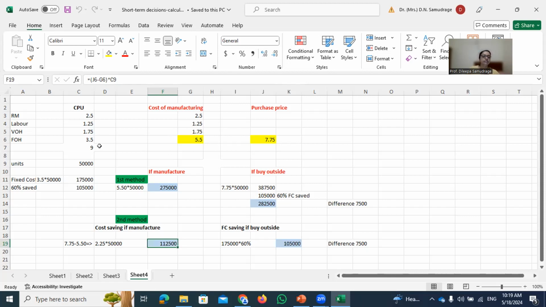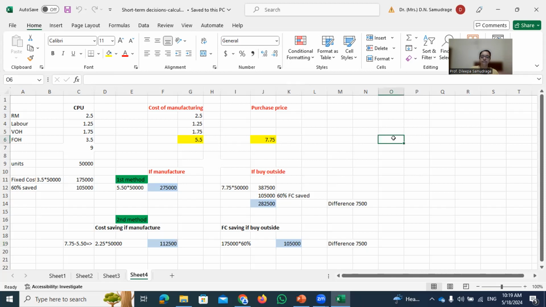Under full costing, you can take 9 into 50,000. You get how much? 450,000. And 775 this amount, and you have to consider the 40%. The 40% fixed cost you have to incur, not saving. So under full costing, one side is 9 into 50,000.